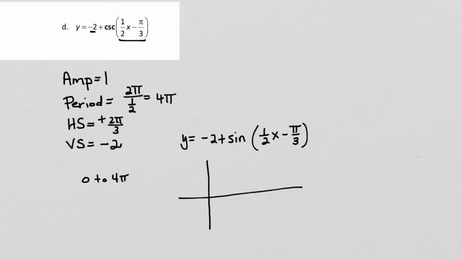The amplitude is 1. That tells me that we have basically our regular amplitude, but we have a vertical shift down too. So that means that whereas normally the center of the graph, vertically speaking, is along the x-axis, now that's going to be shifted down 2 units, and so that x-axis, or the center of the graph, is going to be shifted down.